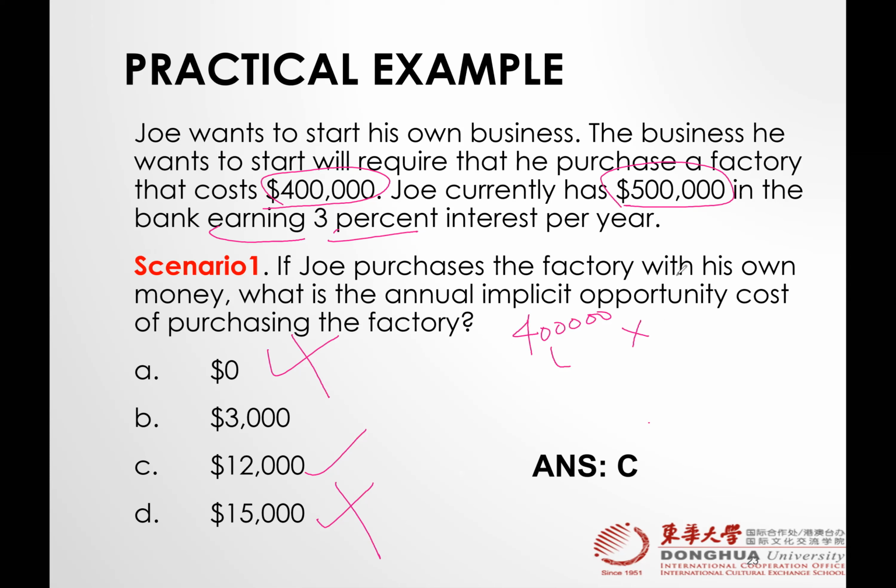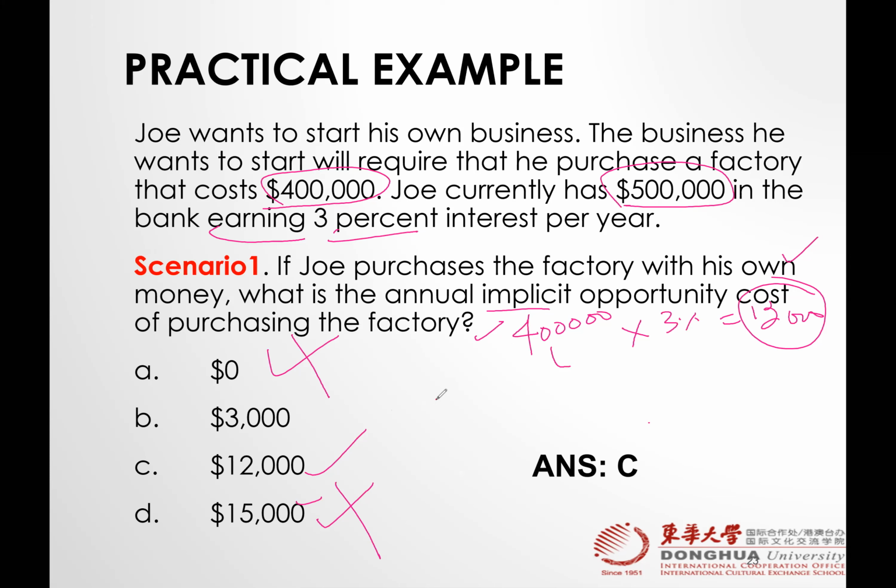And if he did not purchase the factory, he would be earning $12,000 on $400,000. So what is the annual implicit opportunity cost that he loses from purchasing the factory? 12,000, not 15,000.